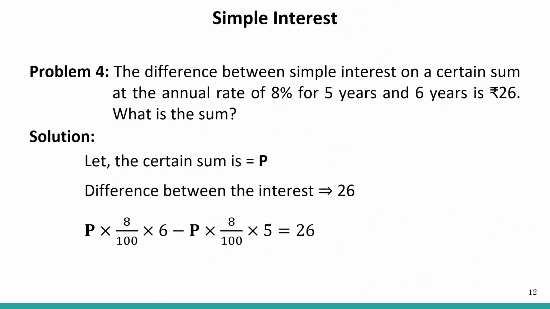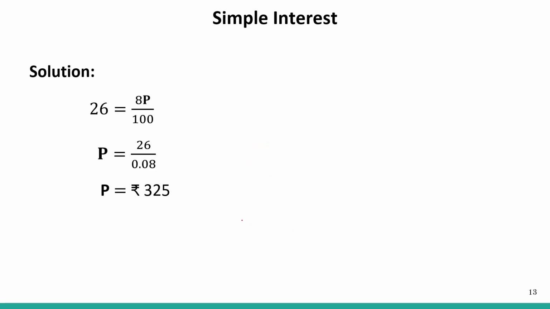Okay, so let's go forward with the solution. So let the certain sum be P, so the difference between them is 26. So P into 8 by 100 into 6 minus P into 8 by 100 into 5 is equal to 26, what is given to us, right? So solving it algebraically, what we are left with is P is equal to 26 by 0.08. This is nothing but 2600 by 8.